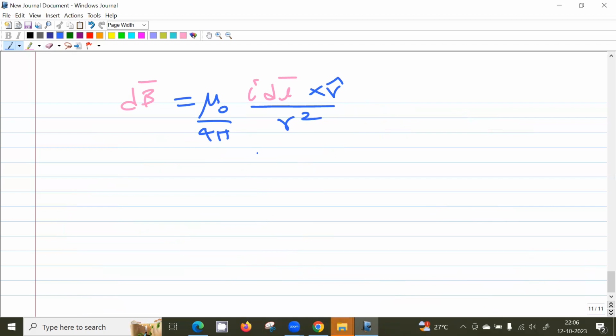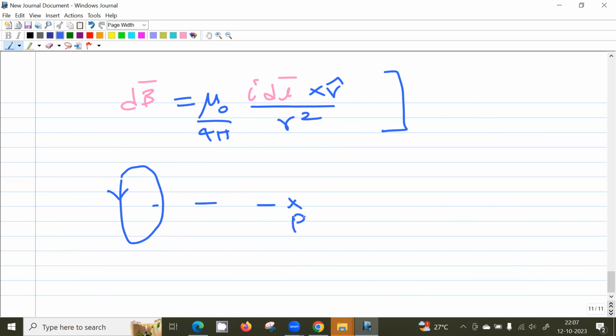Idl cross r cap gives the direction of the magnetic field. This is the experimental formula, and it is accepted. Using this, I can find the magnetic field due to a circular current along the axis.